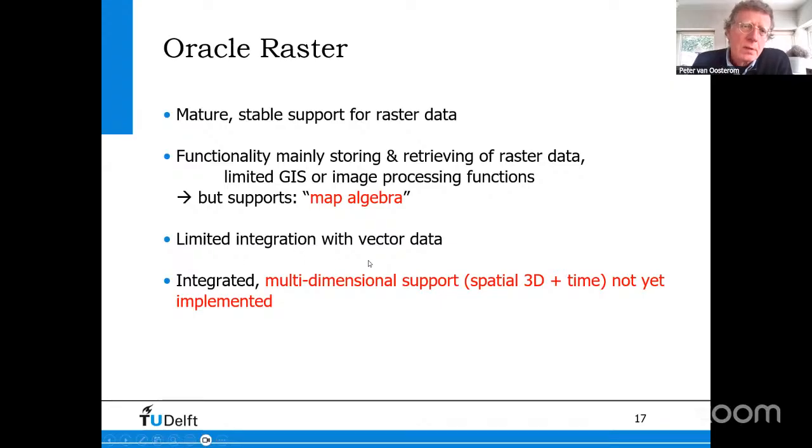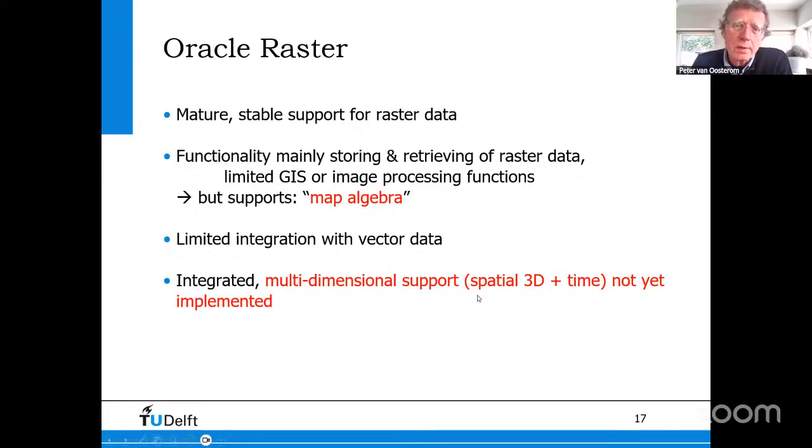It has limited integration with vector data, so the spatial join idea is not so easy, or a conversion from a raster. Assume you have a raster image, you see on that image a road and you want to convert that to a polygon. That is not trivial. And the multidimensional support is limited.